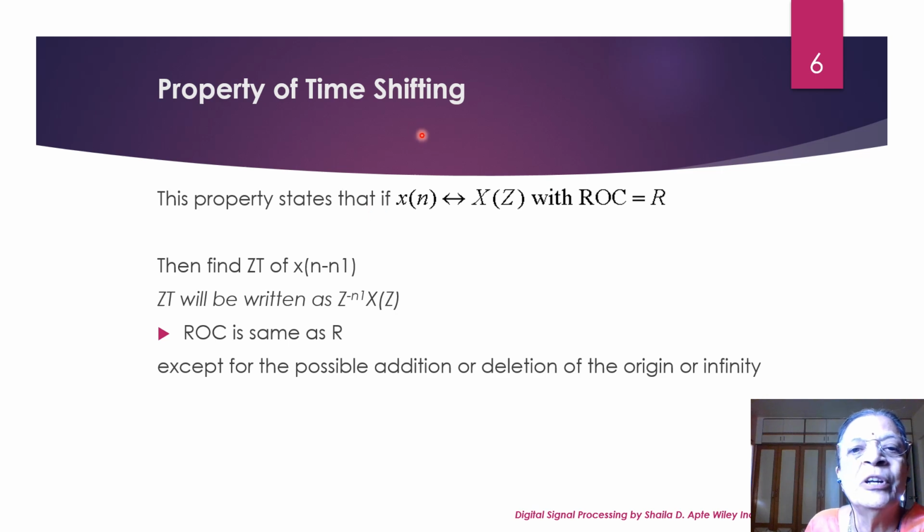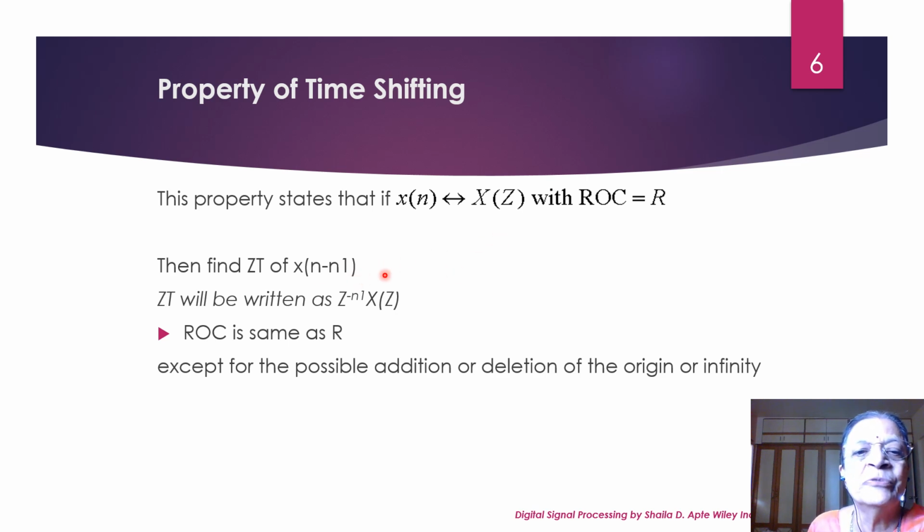Now consider the property of time shifting. If we have the sequence x(n) and if we time shift by amount n1, so it is shifted by the number of samples equal to n1. Either we can shift it towards right or shift it towards left, depending upon whether n1 is positive or n1 is negative.